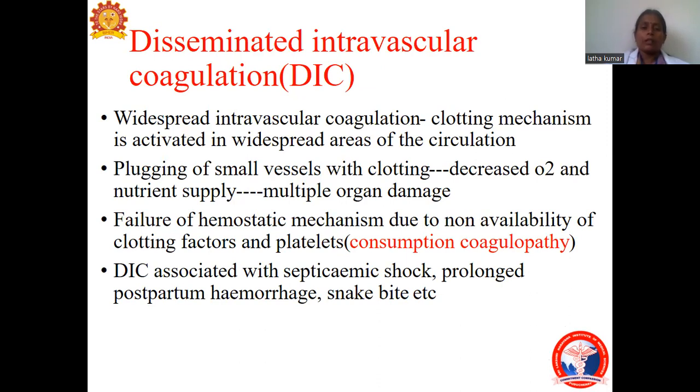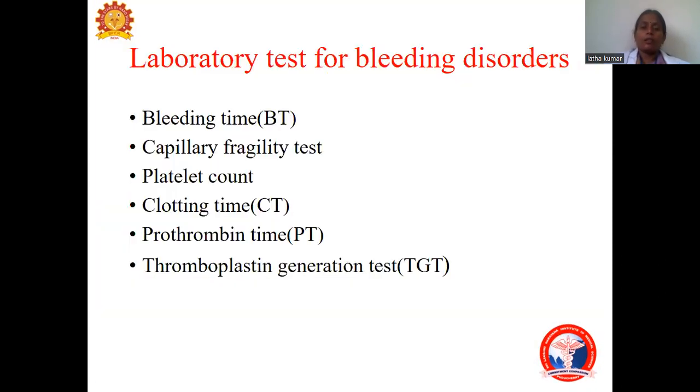In some cases, there is failure of the hemostatic mechanism due to non-availability of clotting factors and platelets, which is usually seen in consumption coagulopathy. Laboratory tests include bleeding time, capillary fragility test, platelet count, clotting time, prothrombin time, and thromboplastin generation test. Thank you.